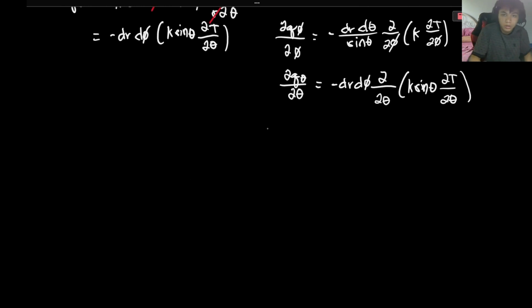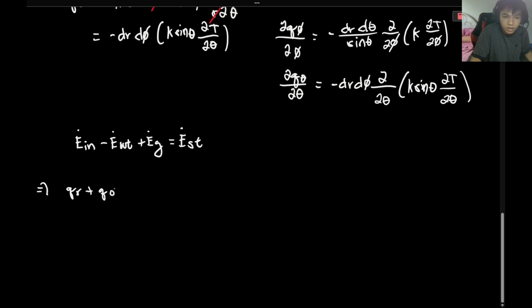So, let's do that. Again, let's rewrite our energy balance equation. So for our energy in, we have Qr plus Q phi plus Q theta.